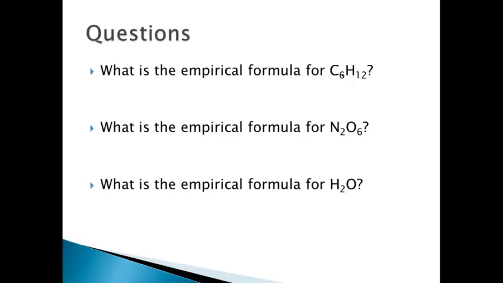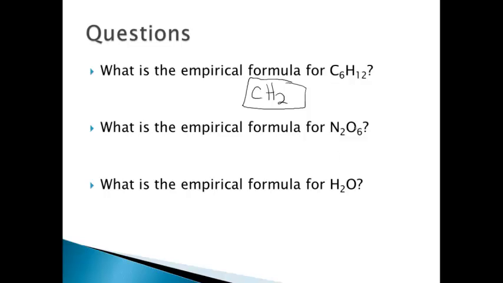If I divide both of these numbers by 6, this would reduce to C1, H2. This is the empirical formula. The 6 and 12 can be reduced to 1 to 2.